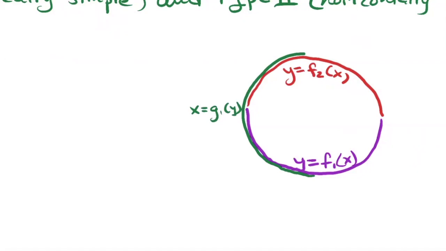Now I need another color. So I guess I can do blue. So the blue one is x equals g2 of y.